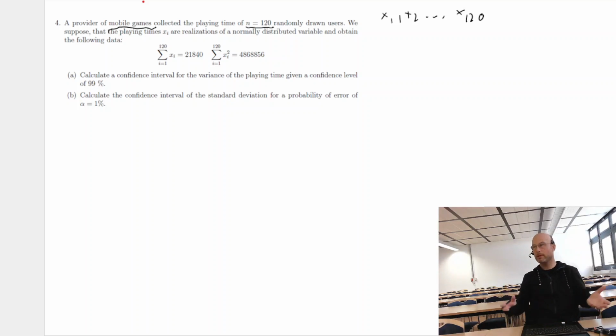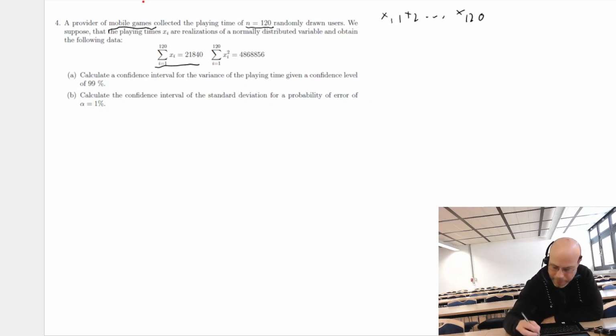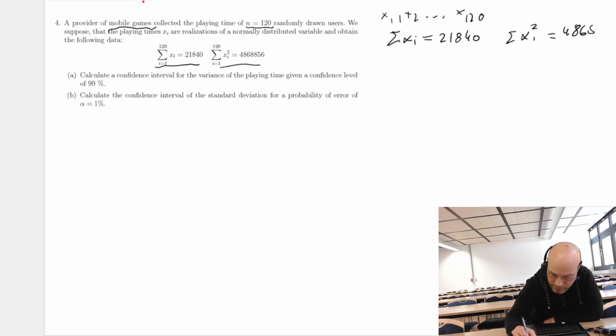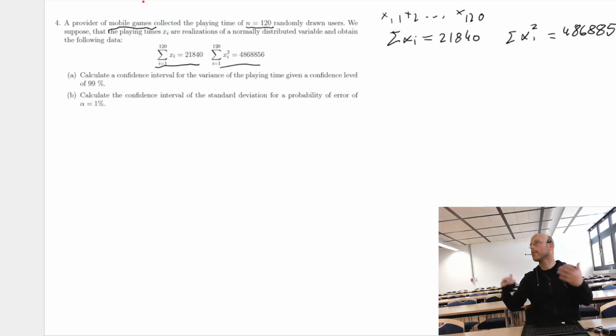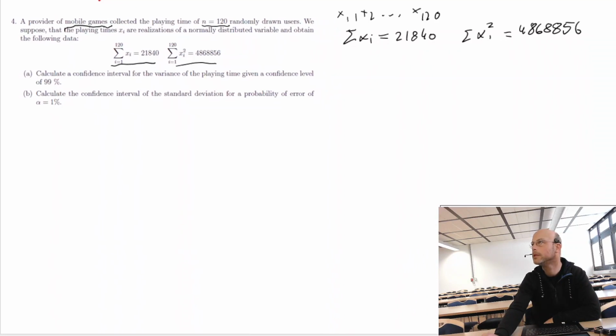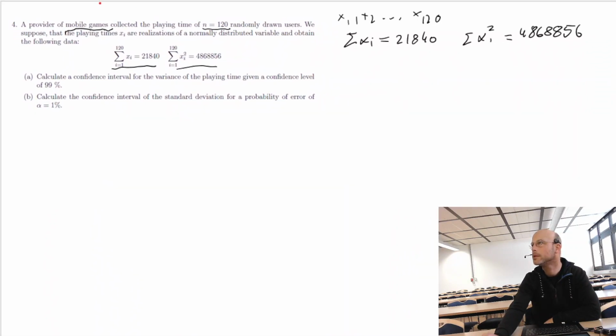Summing up all the data of our 120 users, the sum of all playing times is 21,840, and the sum of time played squared is 1868856.